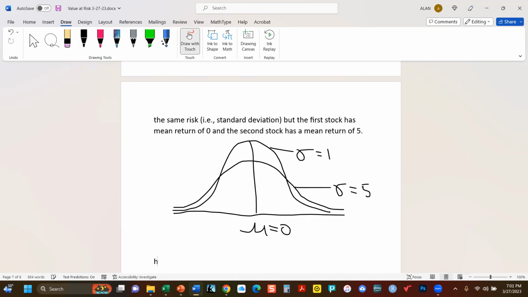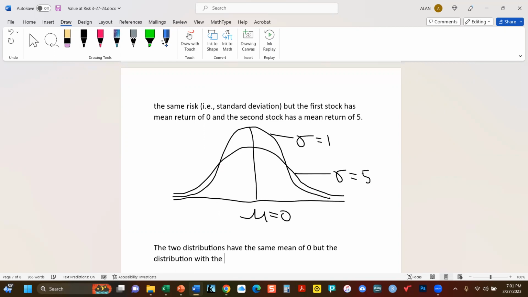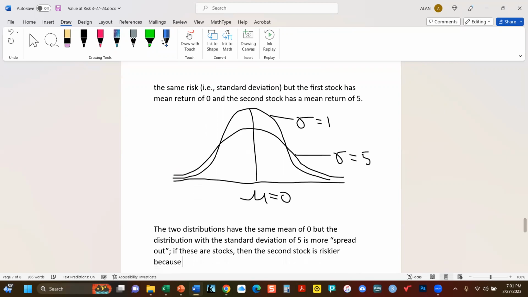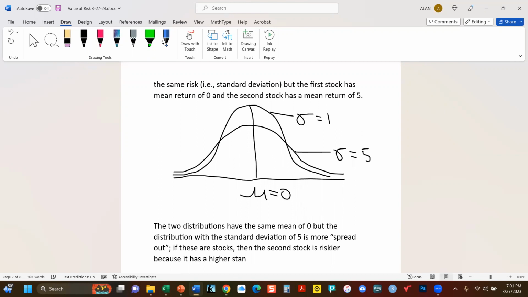So the two distributions have the same mean of 0, but the distribution with the standard deviation of 5 is more spread out. If these are stocks, then the second stock is riskier because it has a higher standard deviation.